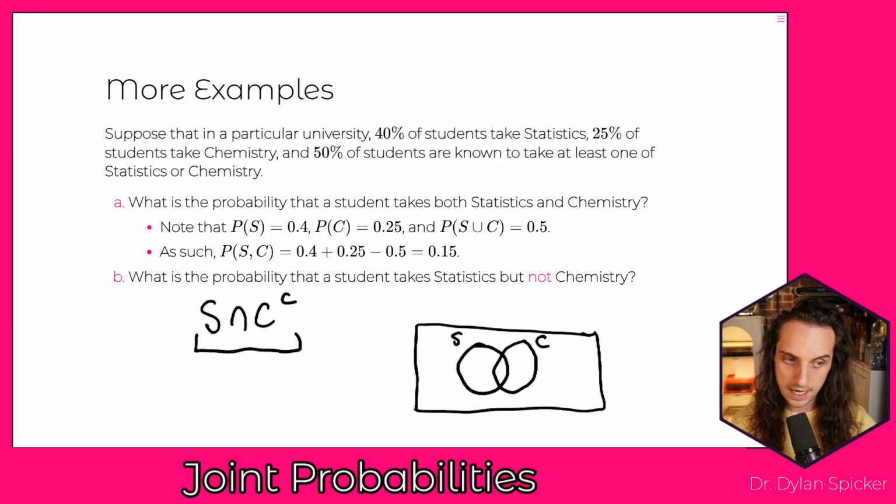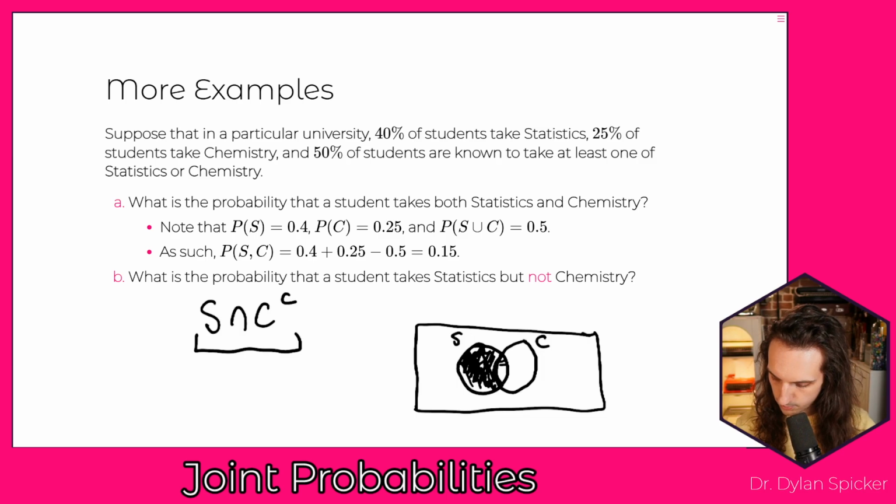So we want to be inside of statistics, which is this whole circle here. However, we do not want to be in the chemistry circle. Specifically, we're going to be anywhere inside of our statistics circle, but not in this area that is the joint area.